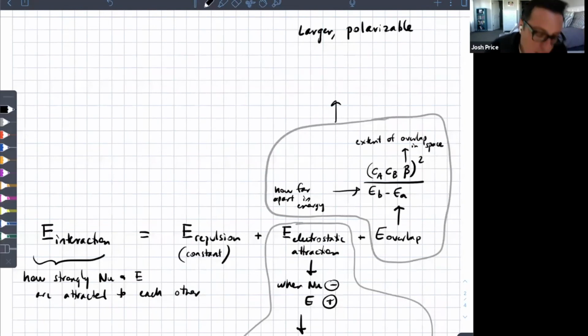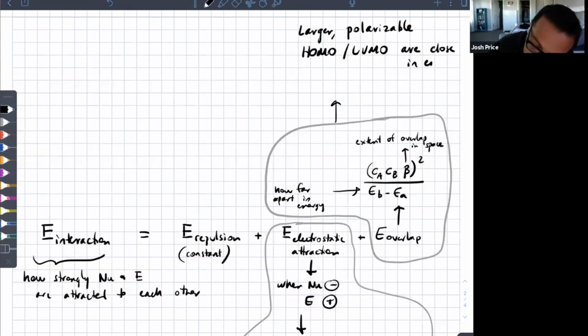By that, we mean they can distort their electron density easily from one side of the molecule to the other. By virtue of being polarizable, they would engage in better van der Waals interactions or induced dipole interactions. Typically, in this category, the HOMO and the LUMO of the soft nucleophile and soft electrophile, respectively, are close in energy.